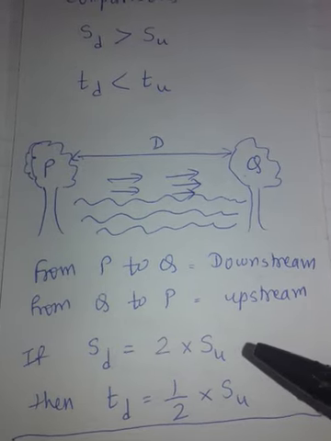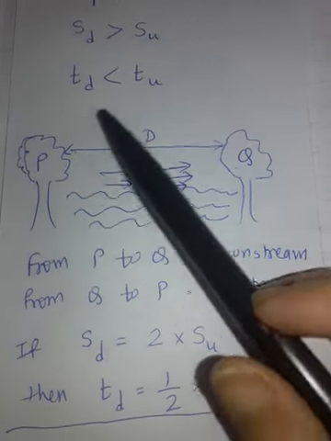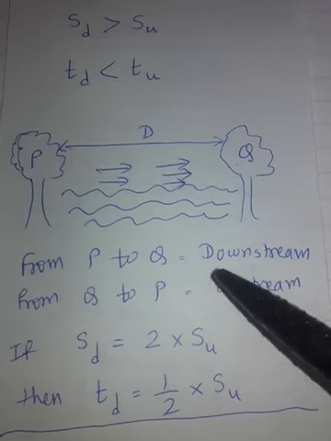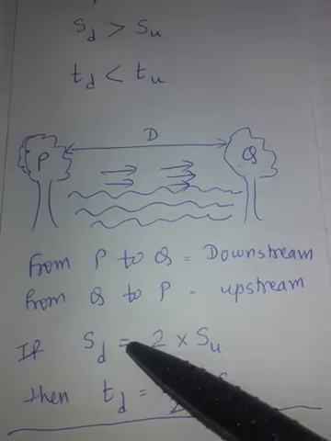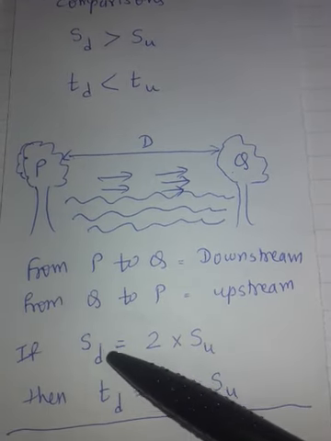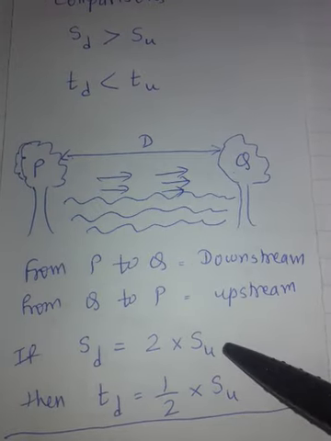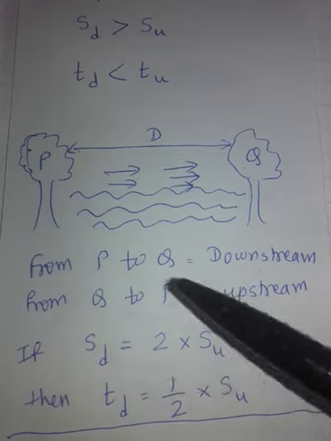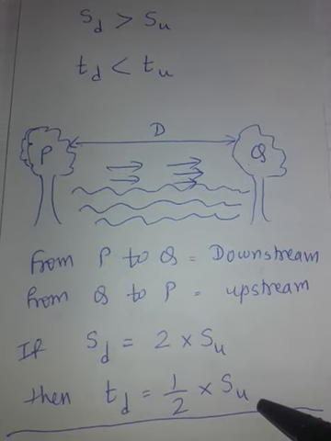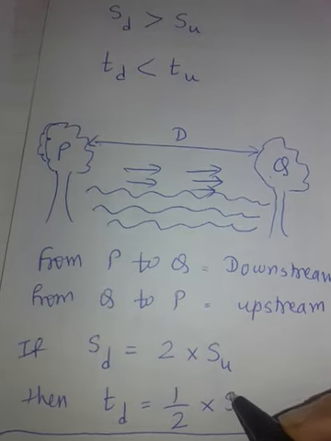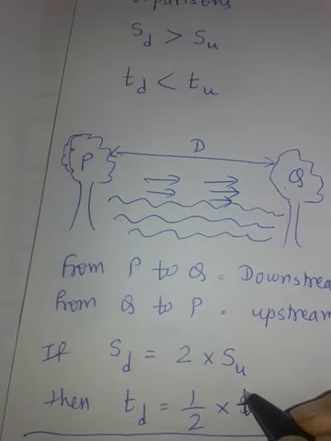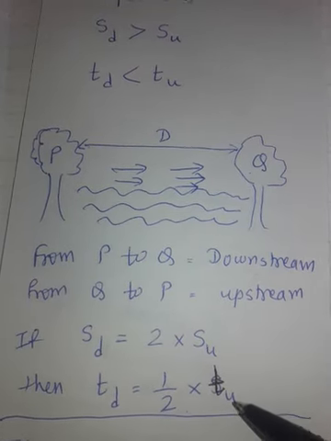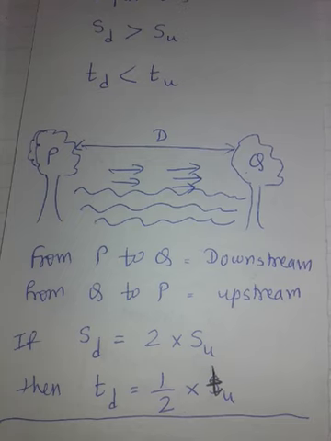One more thing to understand here is, in this particular case, if I tell you speed downstream is 2 times that of speed upstream, meaning speed downstream is double that of speed upstream, it goes double fast ahead. That means time required downstream will be half of time required upstream.